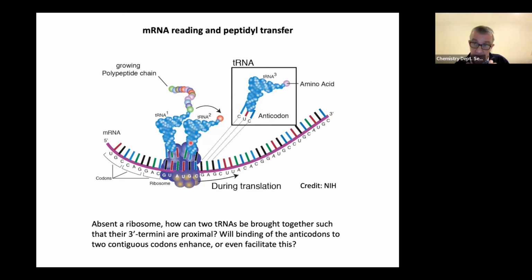If you bind them onto a message, you're effectively bringing them into the same room, and then all you need to do is bring the 3' ends of aminoacylated tRNAs together to get the proximity required for transpeptidation. So the idea is that the first peptides could only have been produced if there was proximity between the two termini, and that proximity would have been facilitated by having tight binding family box anticodons binding to the corresponding contiguous codons on a piece of message.